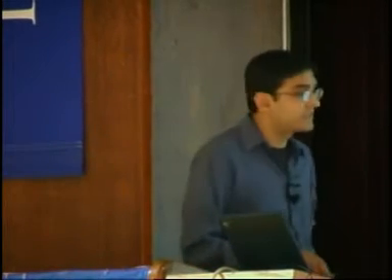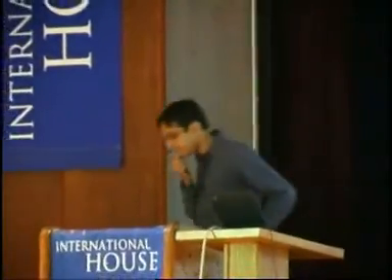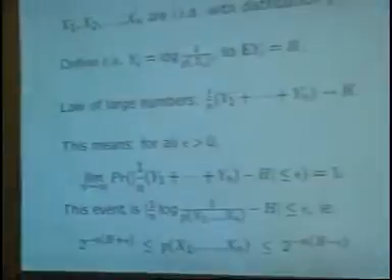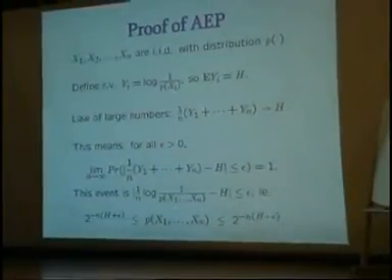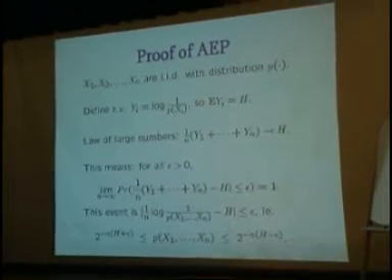And therefore, what this tells us is that the probability of this particular sequence is going to lie within epsilon of what we were calling the typical probability. It's going to lie between 2 to the minus n (H minus epsilon) and 2 to the minus n (H plus epsilon). So this is another way in which entropy turns out to be a very natural notion of randomness.